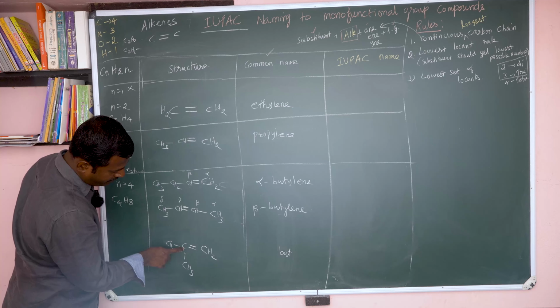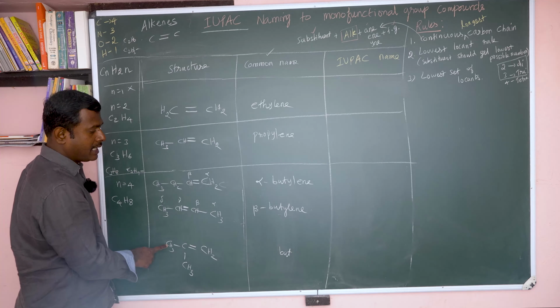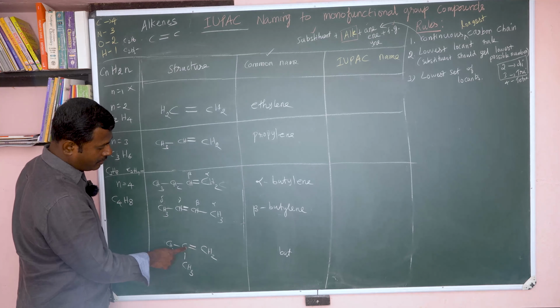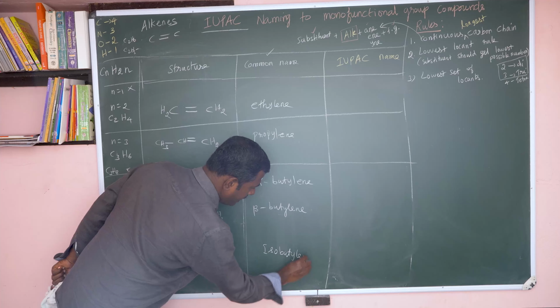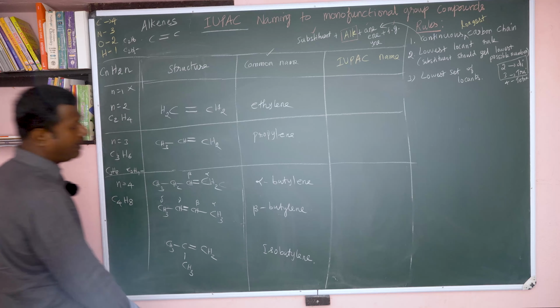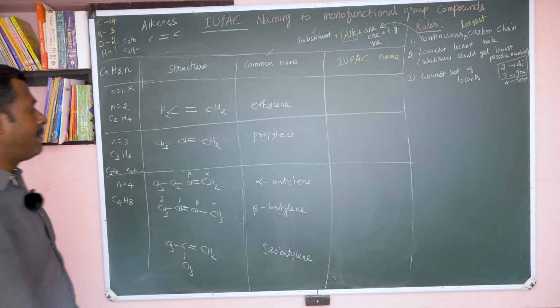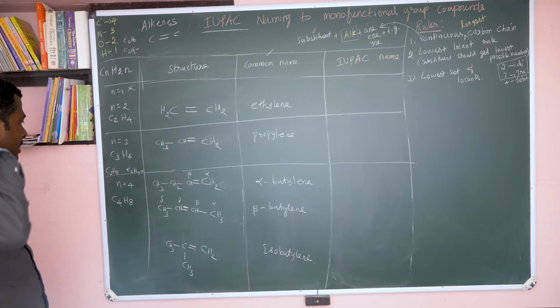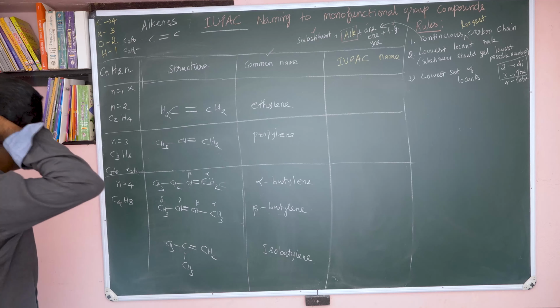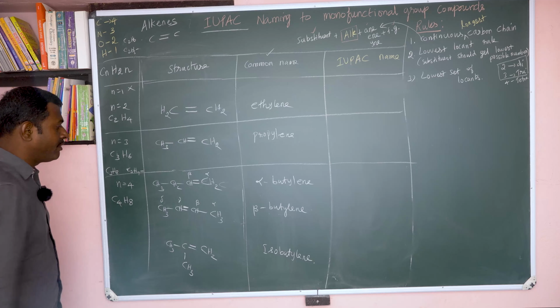If CH is there with 2 methyl groups attached, it is iso. But the double bond is there, so it is short of 1 hydrogen, so it is isobutylene. So alpha butylene, beta butylene, isobutylene. These are the 3 alkenes that have the molecular formula C4H8.